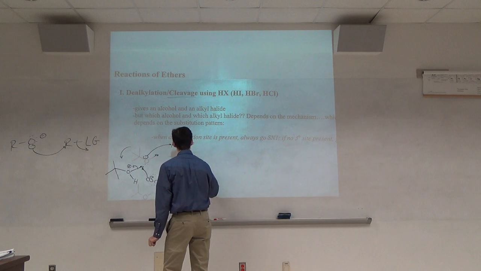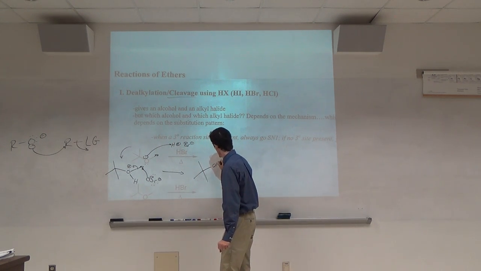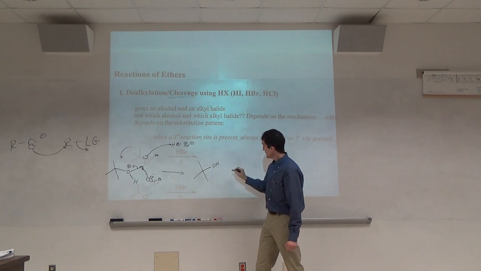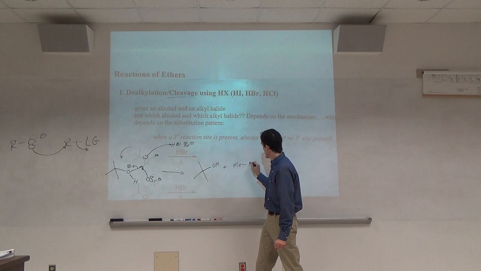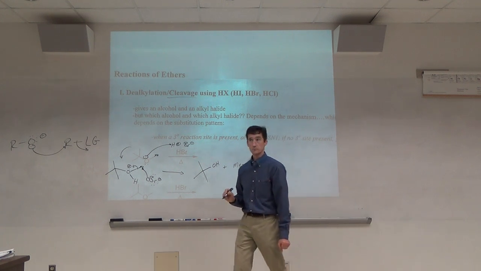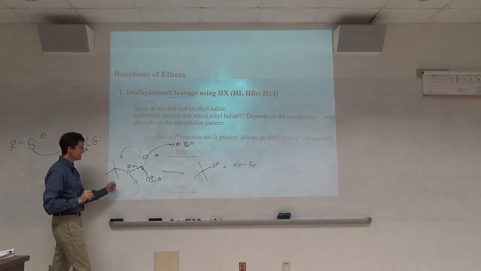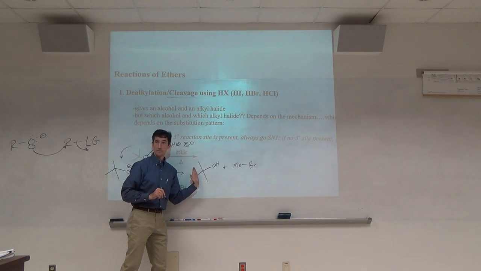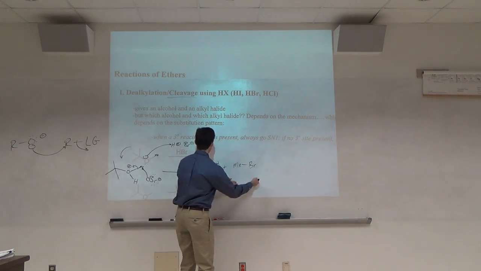What does that give us? That gives us the leaving group plus what? Plus methyl bromide. And now the ether has been cleaved. And we're going kind of backwards. We get back to the alcohol and the alkyl halide.